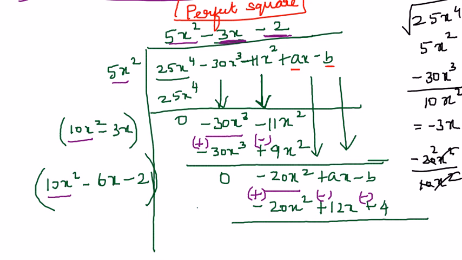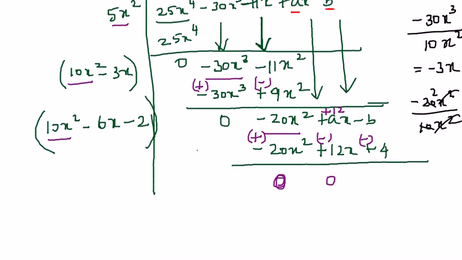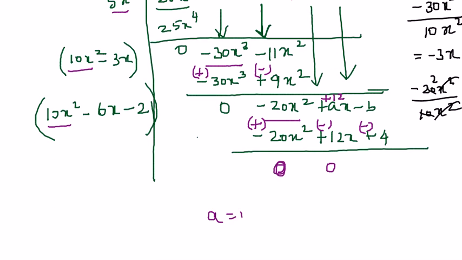So minus 20 plus 20 gives me 0, right? Now if plus a and minus 12 have to give me 0, this a has to be plus 12, right? Only then plus 12 minus 12 will be 0. So I can say a is equal to 12. Likewise, to find b: minus b, and here we have minus 4, right?